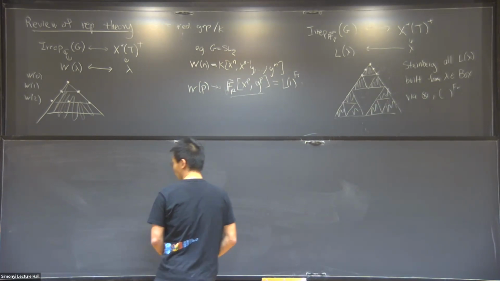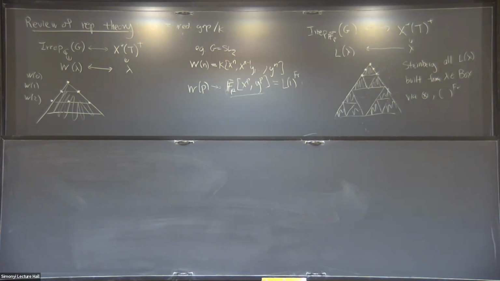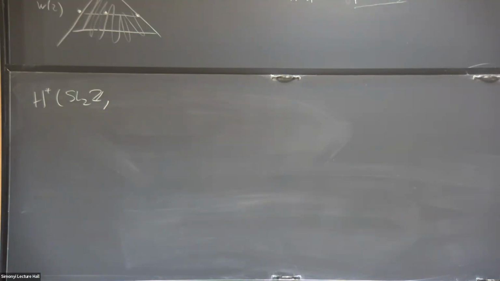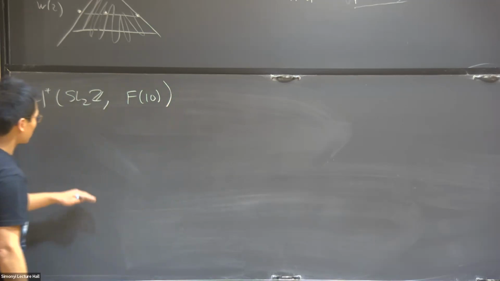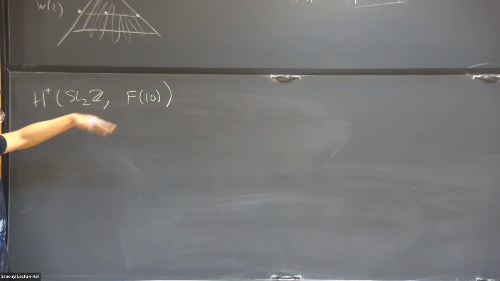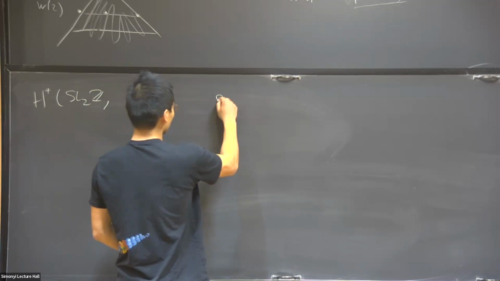What we saw here is that this example pertains to the homology of SL_2(Z) with coefficients in Sym^10 over F_11, which is the thing we call F(10). So p is 11 in this example.